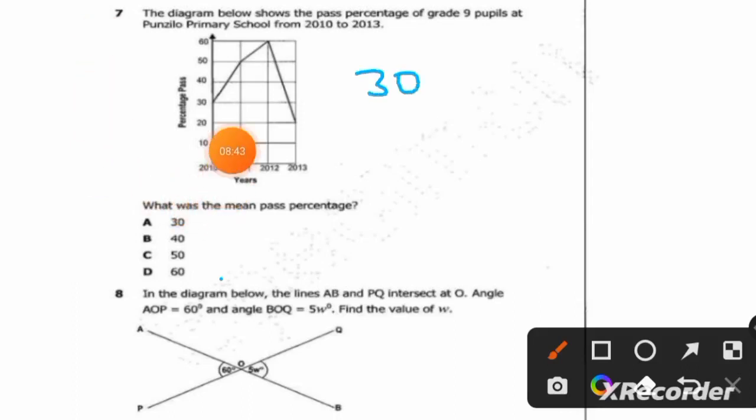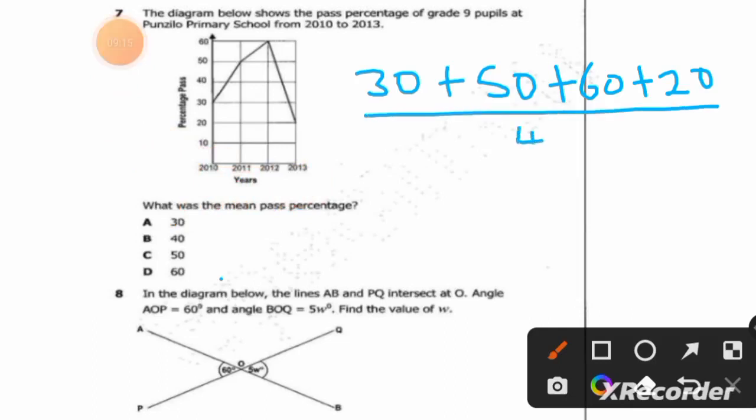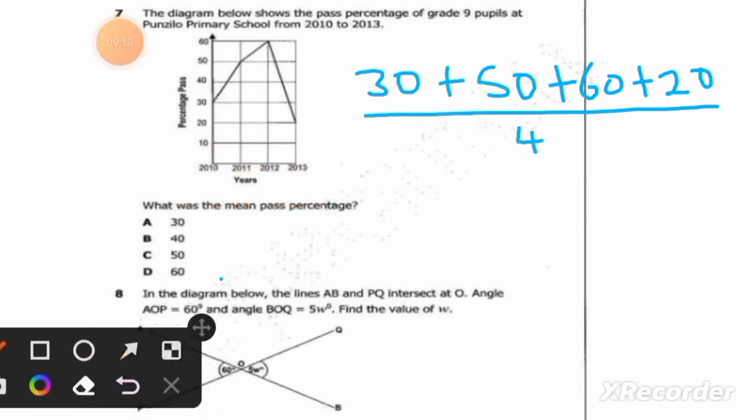In 2011, 50. 2012, 60, plus 2013, 20. So how many years are we having? We are having 4 years. Okay, so we are going to say divide by 4.